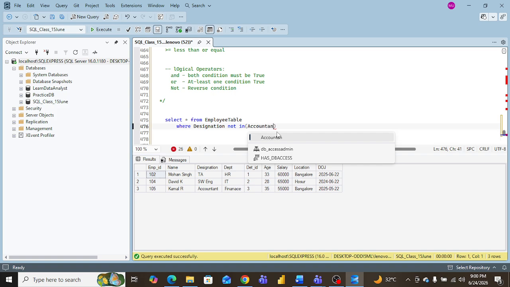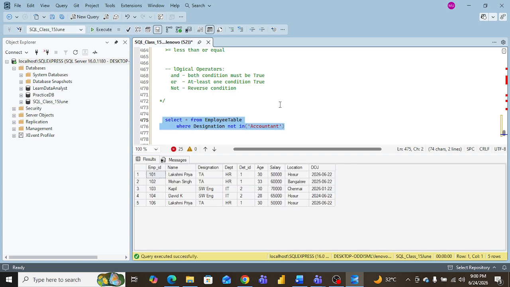Please tell me if I'm wrong. A C C O U N T A N T. Now you can see that is the correct example. That was not a correct example. This is the correct one. So it means we have all employees, but I don't want to display who has designation accountant. Got it? So we use NOT.